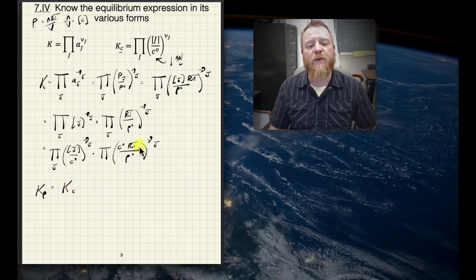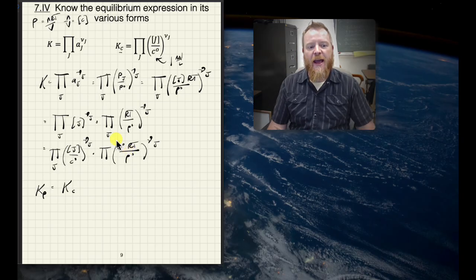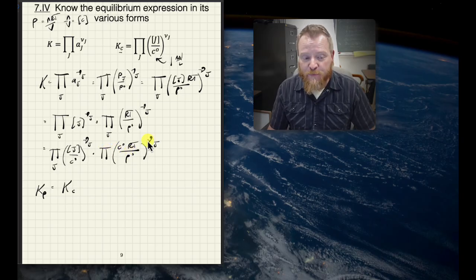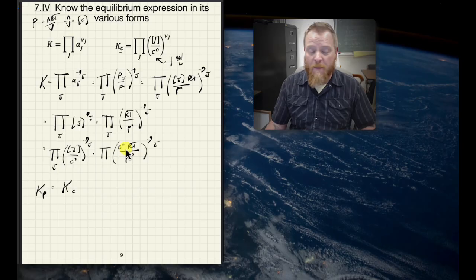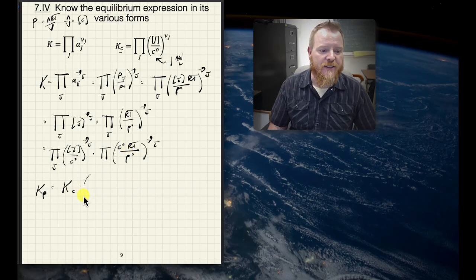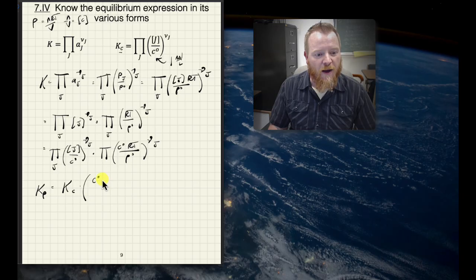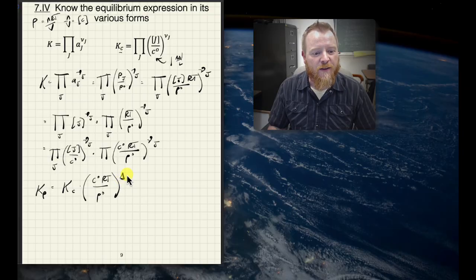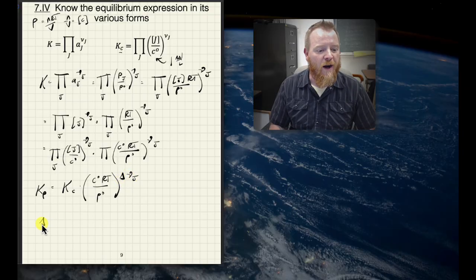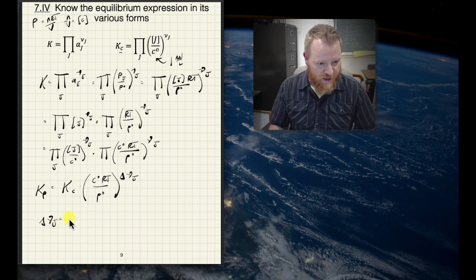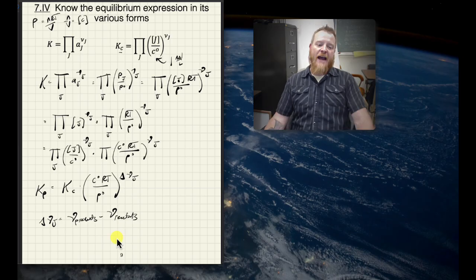Now I consider that all of these are constants, and when I take a product of exponents, it becomes a sum in the exponent. So I just get a simple ratio of constants, raised to the delta nu_J power, where delta nu_J is the sum of the coefficients of the products minus the sum of the coefficients of the reactants.